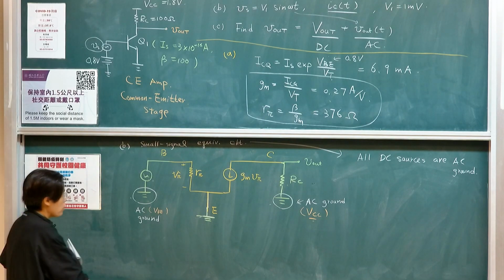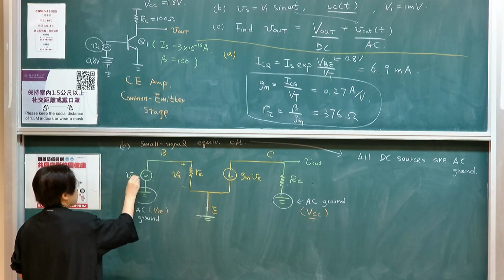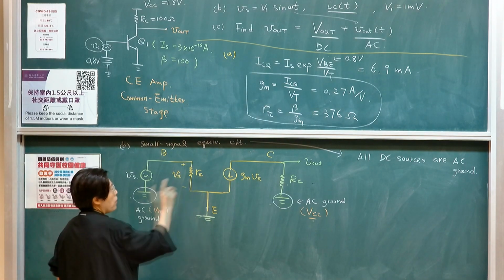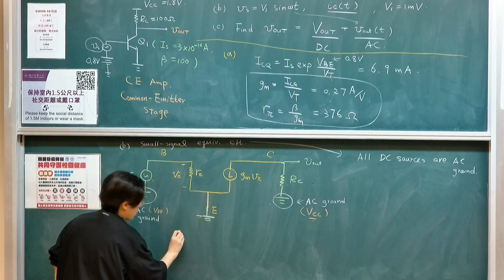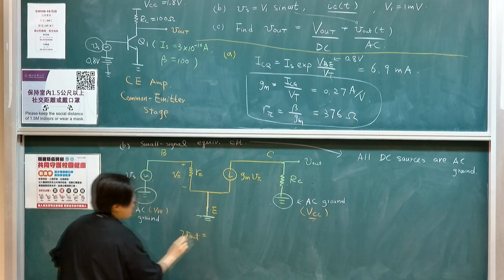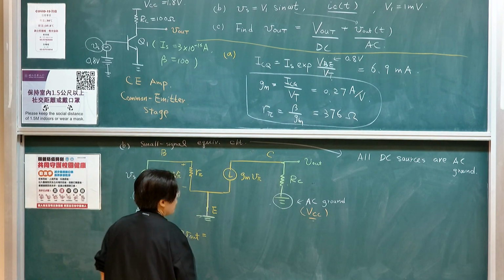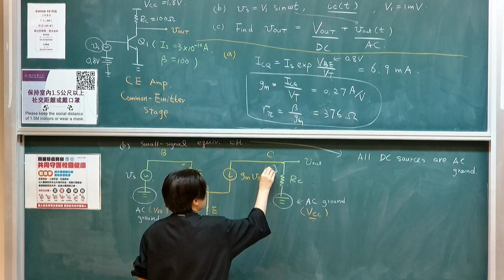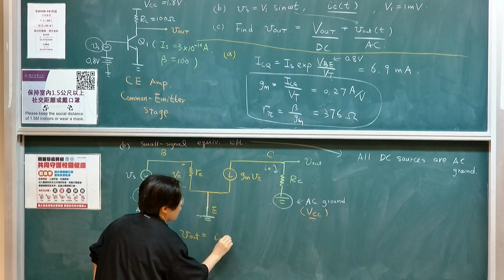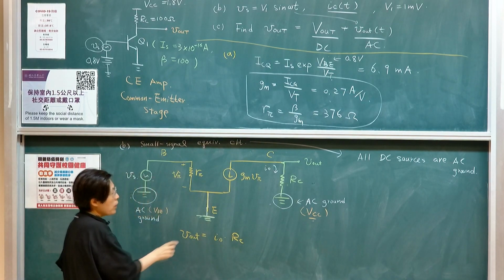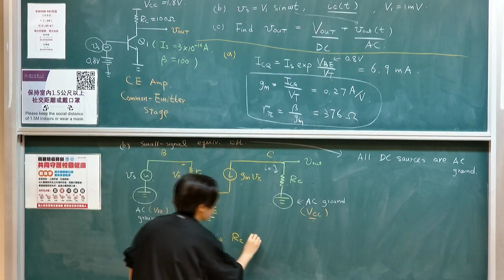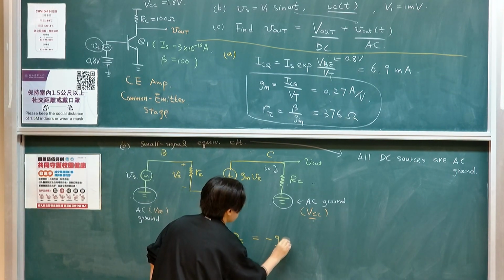Once we have this equivalent circuit, then we can proceed to finding out the corresponding output characteristic. If you look at the output characteristic, VL will then be the current at the output terminal, let's define it as IO, times RC. So what is IO? If you look at this terminal, IO plus this current equals 0. So IO is minus GM V pi.